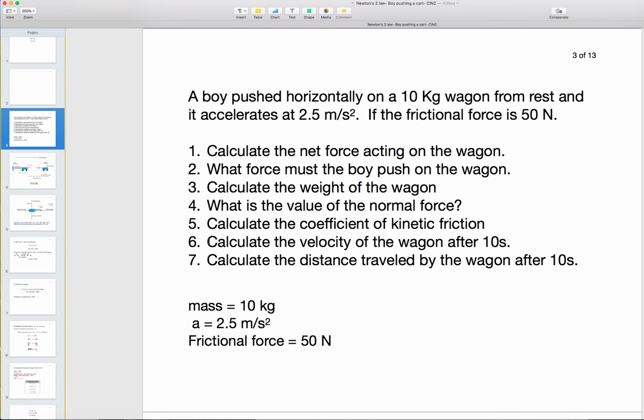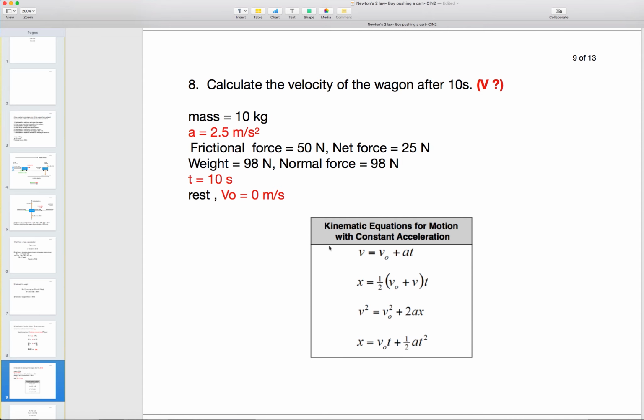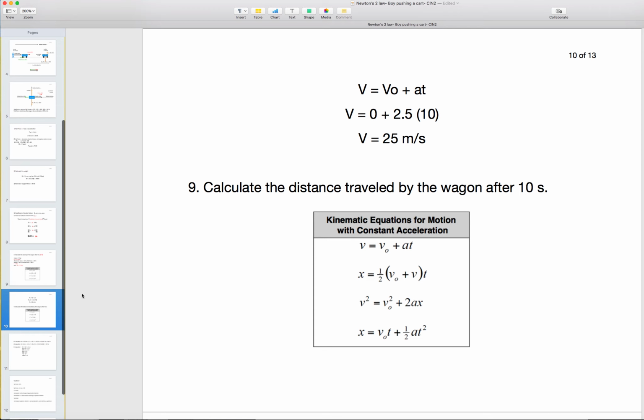Okay, calculate the velocity of the wagon after 10 seconds. For that we can use one of the kinematic equations for motion with constant acceleration. We can use the first equation for that. So we need the final velocity after 10 seconds.